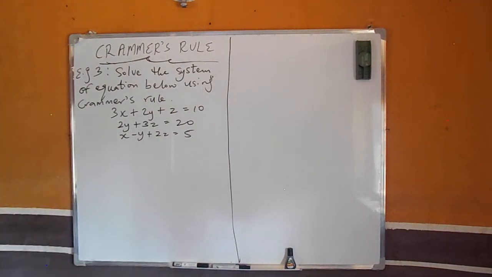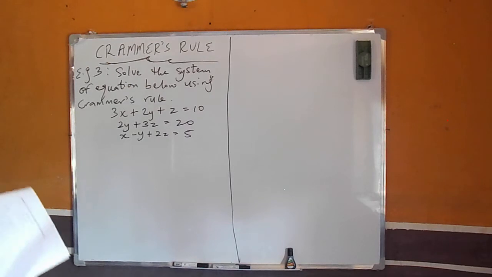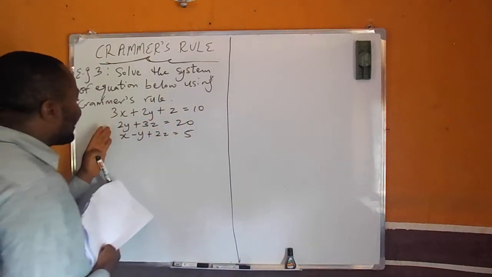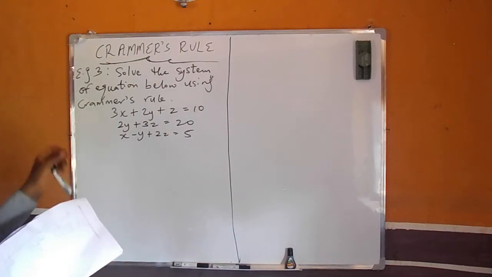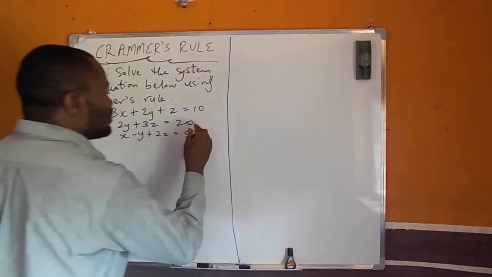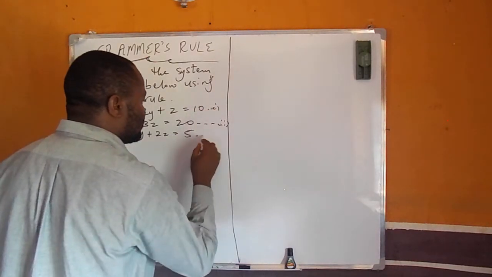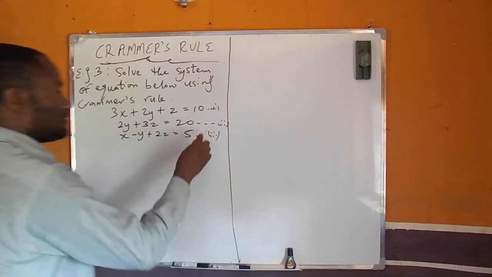Solve the system of equation below using Cramer's rule. 3x plus 2y plus z equals 10. This is equation 1. 2y plus 3z equals 20, which is equation 2. This is equation 3.